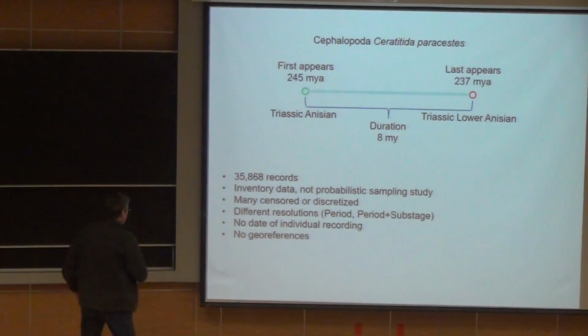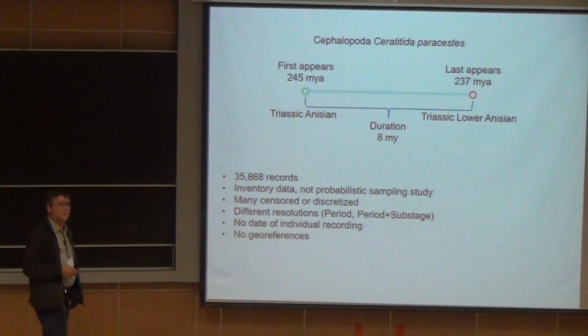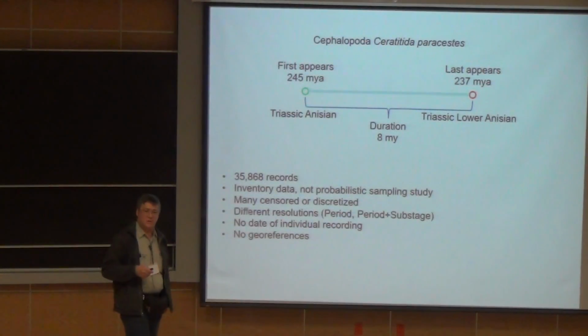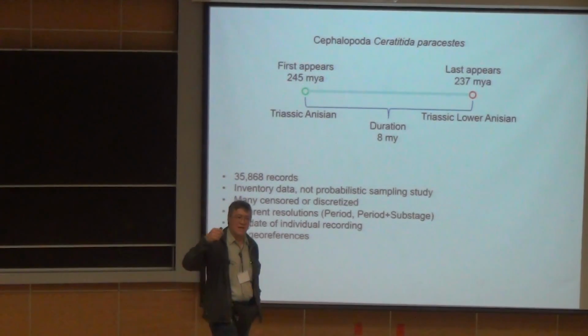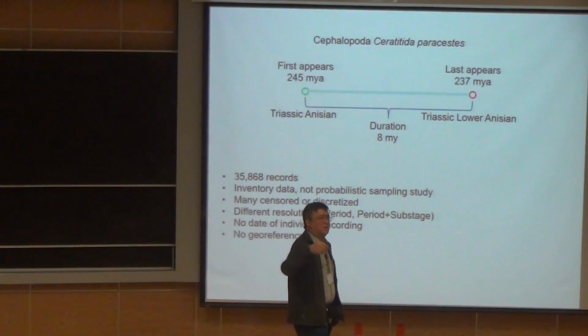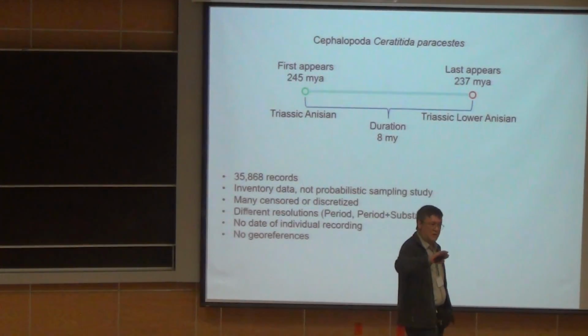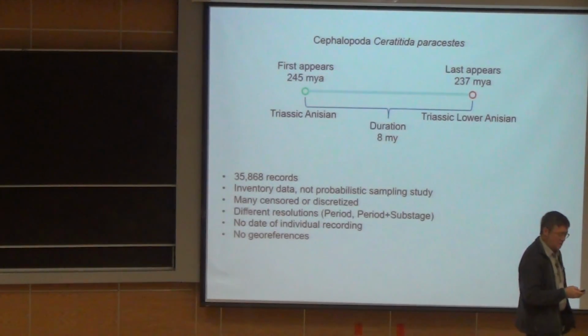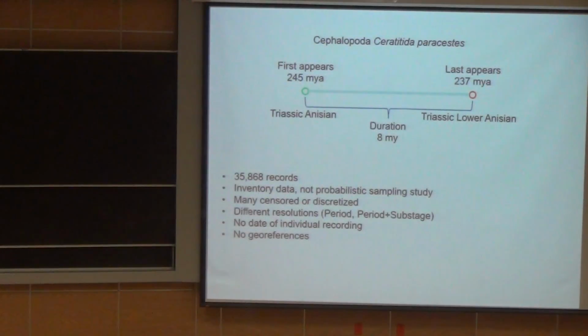This, as I mentioned before, is inventory data. Each one of these is not obtained by randomly sampling the geological areas of planet Earth. This is like an encyclopedia of fossils.